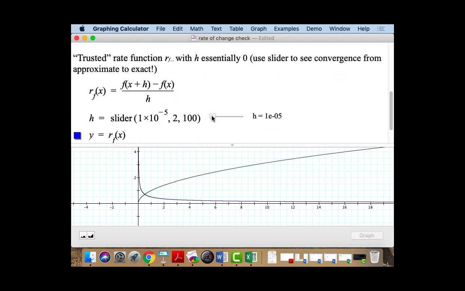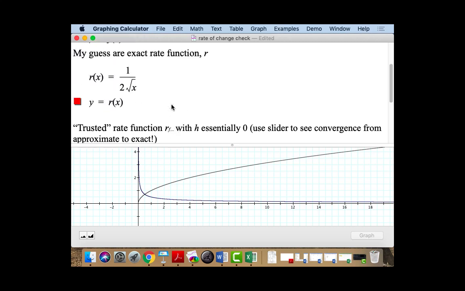If I make my h smaller and let it get closer and closer to 0, it hugs right onto where that red exact function that we came up with was. So this is an approximate blue function getting closer and closer to exact as we let h become closer and closer to 0. Those lie right on top of one another. So you can kind of verify that you've done your algebra correctly if that's what you're trying to do, using GC to assist.